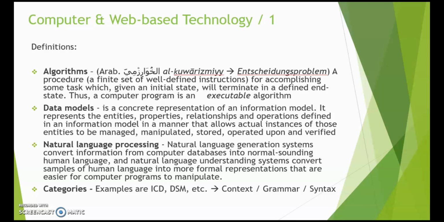Natural language processing. Natural language generation systems convert information from computer databases into normal-sounding human language, and natural language understanding systems convert samples of human language into more formal representations that are easier for computer programs to manipulate. We could spend a whole semester talking about this brain-computer interface, the human component of artificial intelligence when encoded from the computational standpoint.